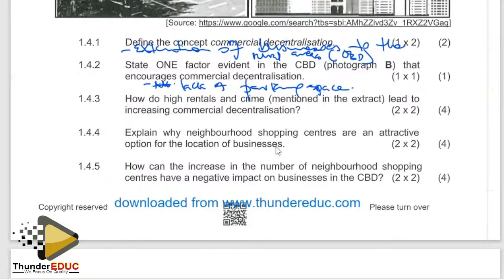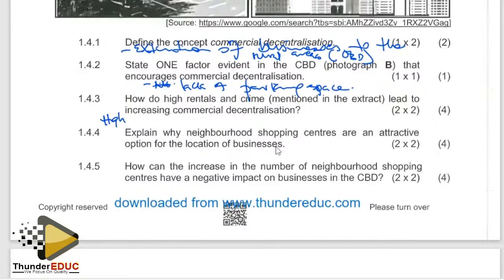We say, how do high rentals and crime mentioned in the extract lead to the increasing commercial decentralization? We're looking at the high rentals, and we are basically focusing on the high rentals and crimes. If the rent is too high for the commercial people or the business sector, what is the problem?